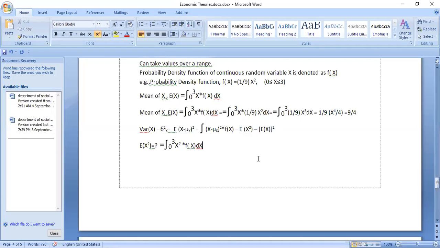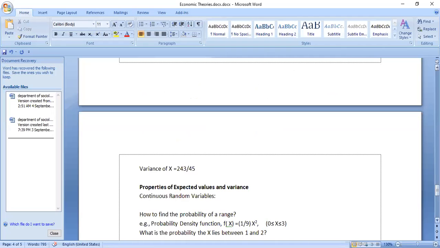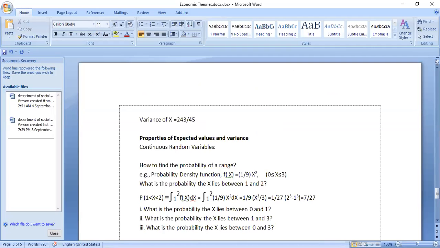All right. So then this simple continuous variable with a density function 1/9 x squared. You can find the mean, you can find the variance. Also, you can find the probability over a range. So what is the probability?